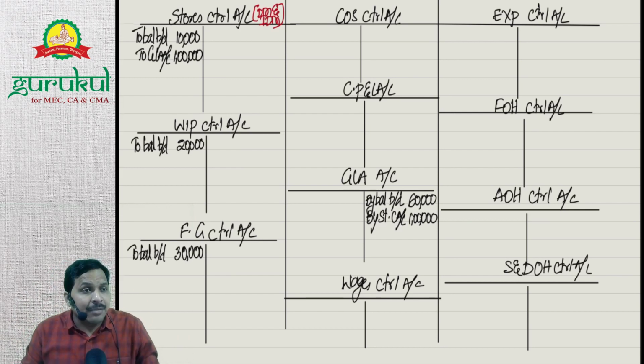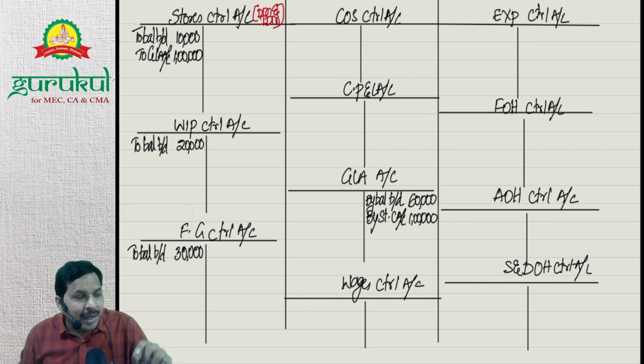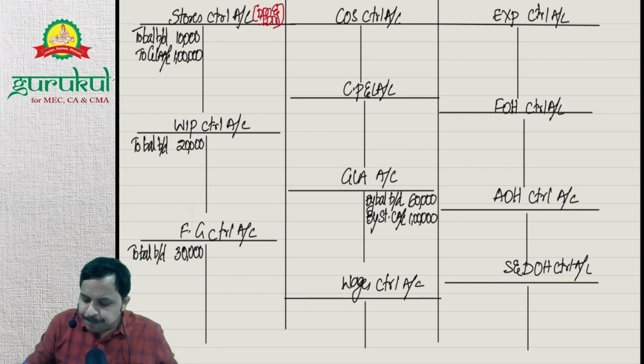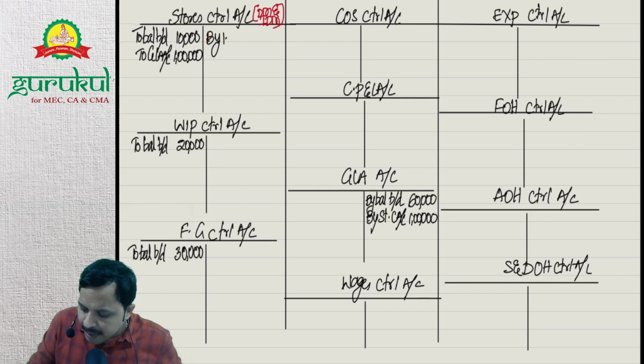This is the entry for raw material issued to production. That is what we are writing here. In stores, I'm writing by work in progress control account. Let me take 50,000. In work in progress to stores control account 50,000.